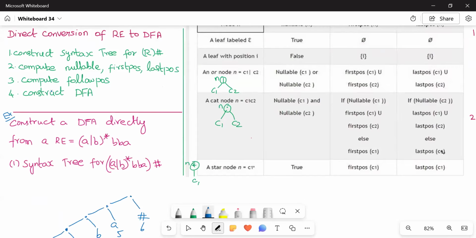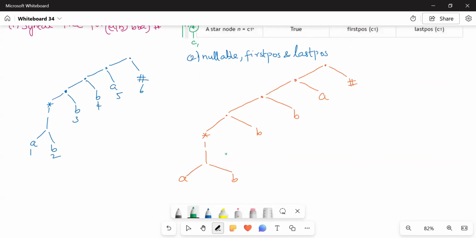The second step is to compute nullable, first position and last position. To do this, we redraw the same diagram.